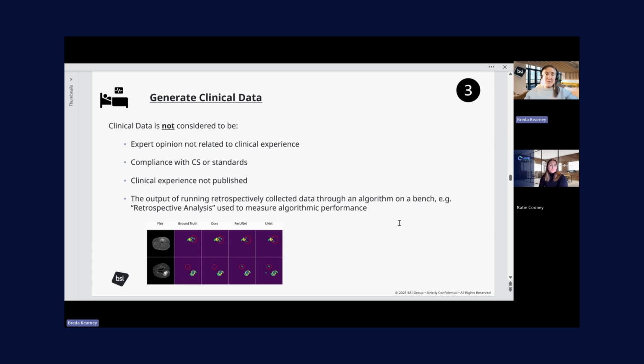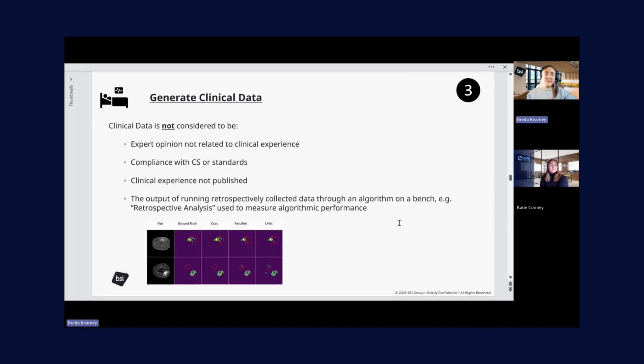This is the important slide. What is not clinical data? Clinical data is not considered to be expert opinion on your device that's not related to clinical experience. Compliance with standards. So if you're claiming compliance to 62304 or the usability standards, that's not clinical data.